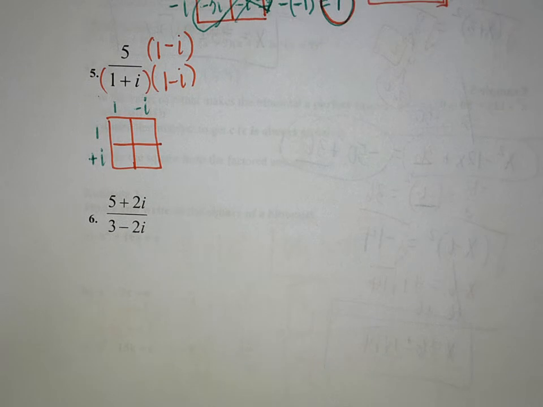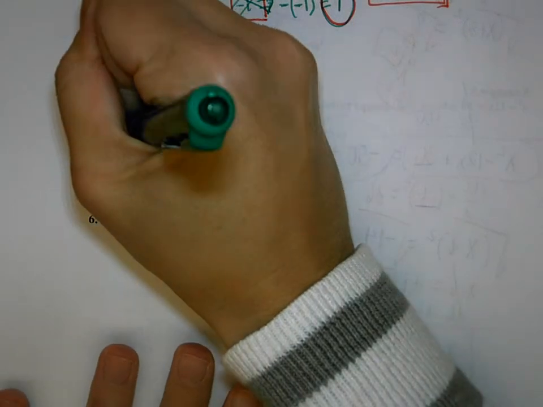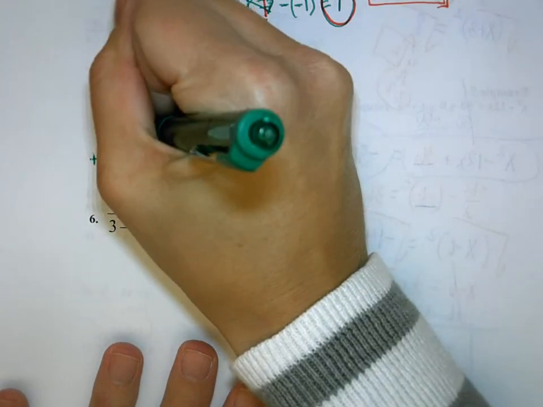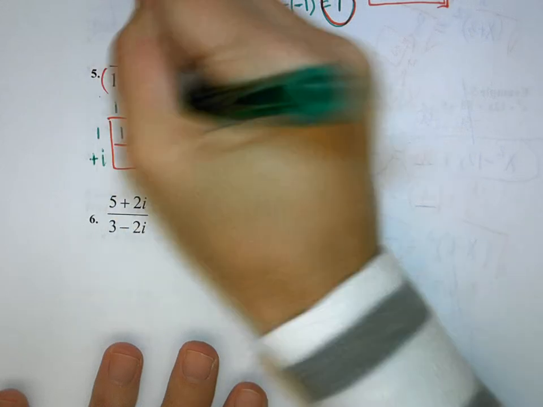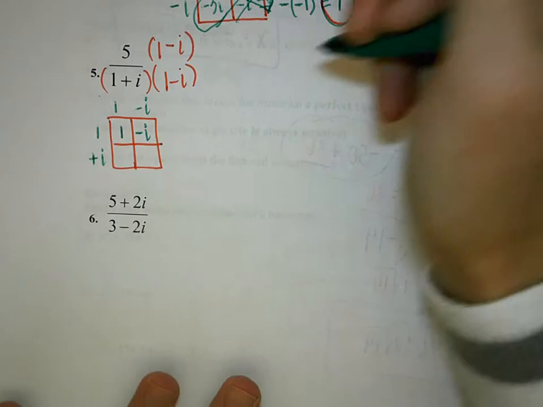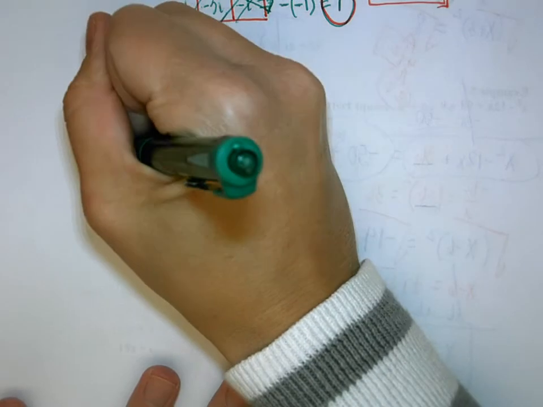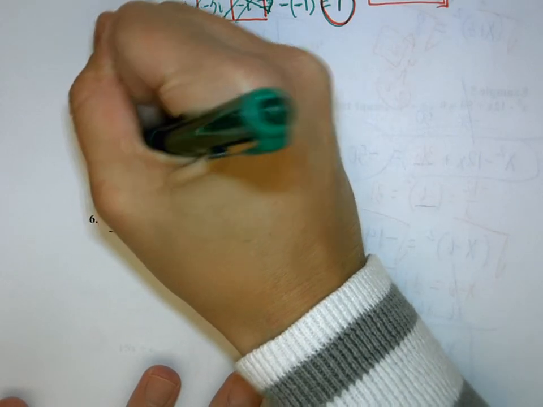So when we multiply here, we have 1 times 1, which is 1. 1 times negative i is negative 1i, or just negative i, either way. Hold on, and then i times 1 is i, sorry.